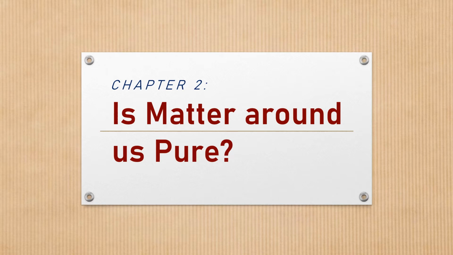Salt solution is an example of homogeneous mixture, and iron filings and sulfur powder mixture is an example of heterogeneous mixture. These are the things we studied last week, and today we are going to move to the next topic.